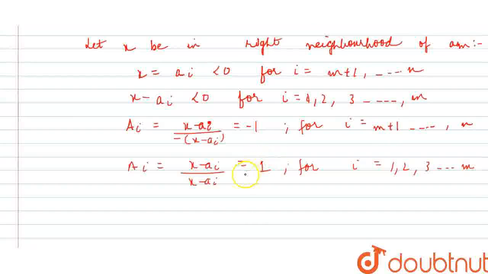Now we can say that limit x approaches to am negative, the value of a1, a2 up to an, would be equal to minus 1 to the power n minus m plus 1.